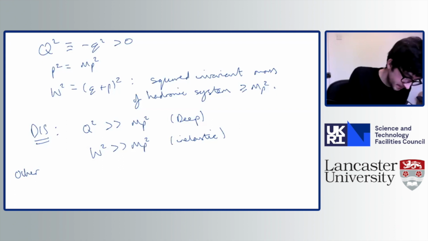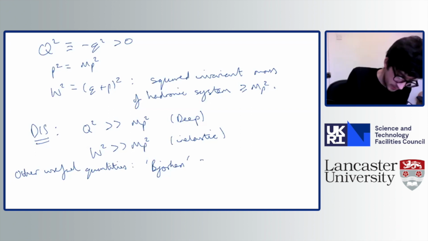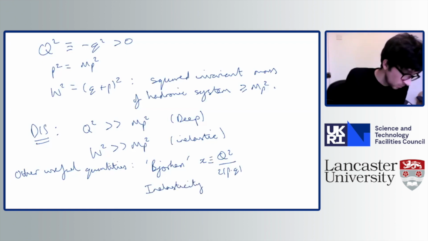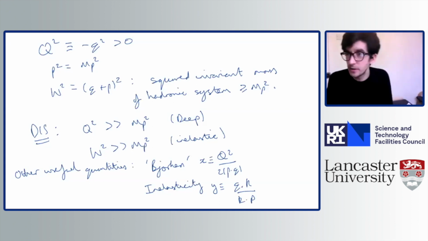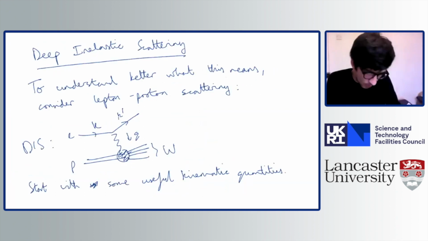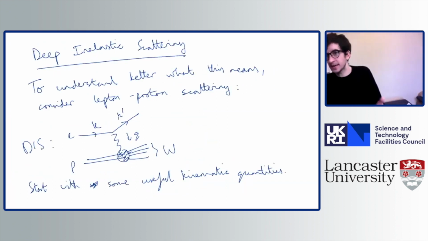And also, other useful quantities. There's the Bjorken, as it's called, Bjorken X, named after a physicist who made use of this variable, and the so-called inelasticity, Y. And the point here really is that all of these variables one can get out by measuring the energy and the angle of the scattered electron in this case.